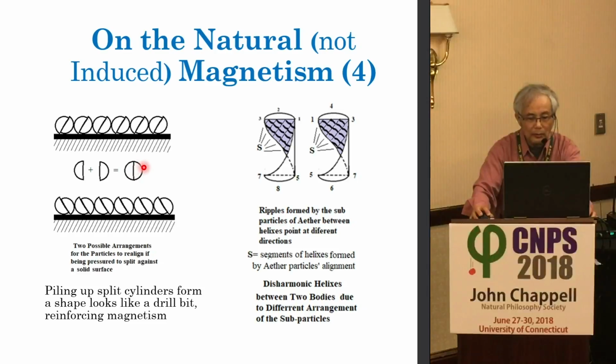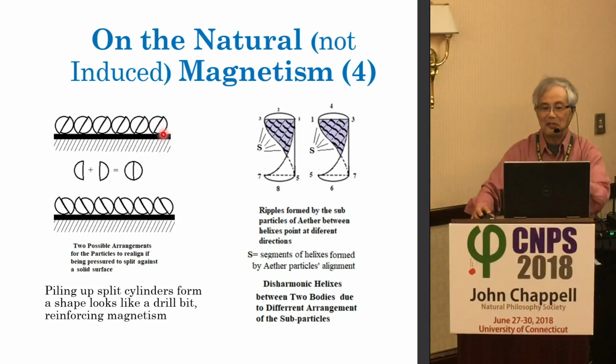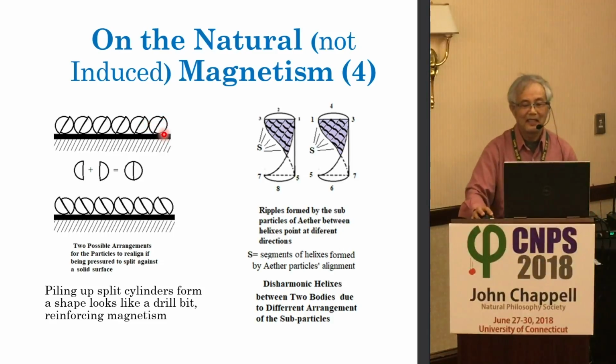Just like over here, this circle represents one ether particle. When it is pressed against this surface, it will either line up this way or line up this way easily, because if they line up in a vertical line, the pressure will not make them rest there easily, okay?